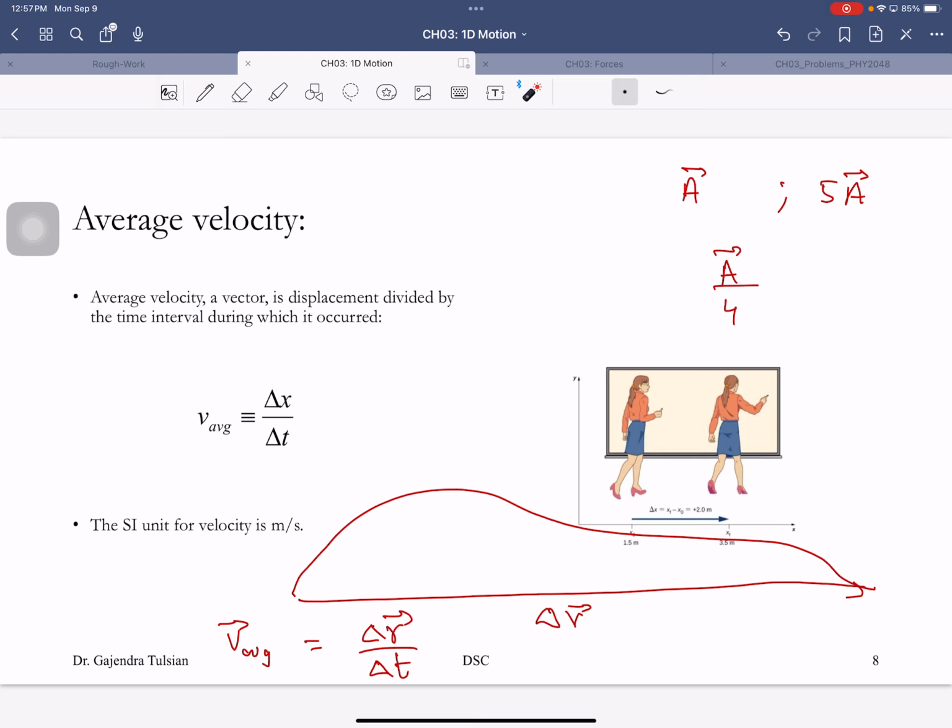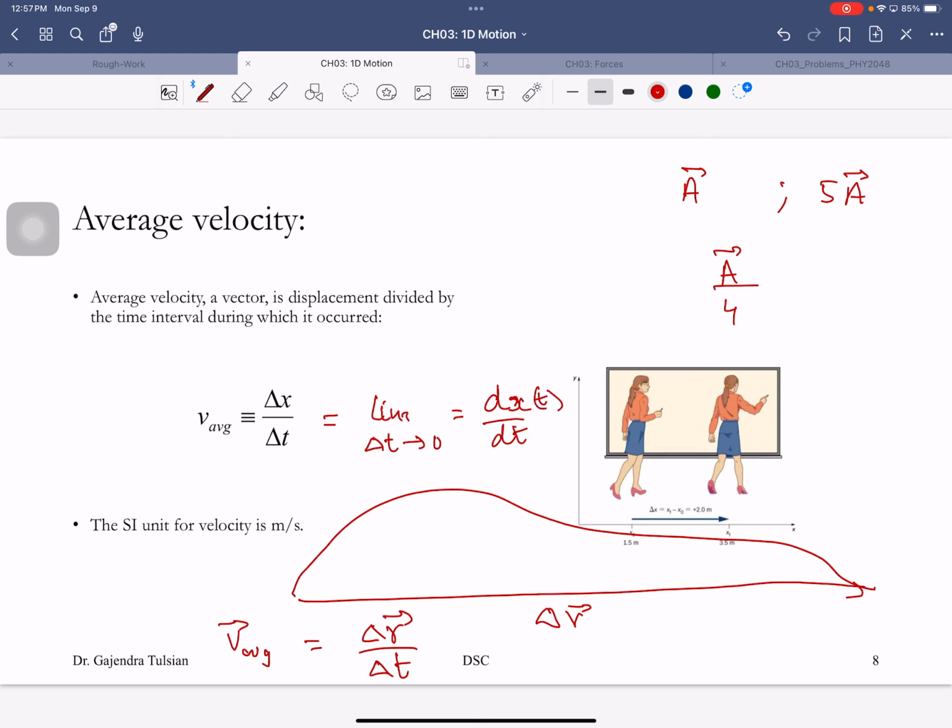Now, of course, you guys have had calculus, so this kind of stuff doesn't satisfy you. What you're interested in is the limit delta t going to 0, and this is called dx by dt.